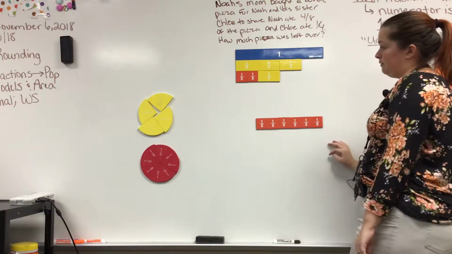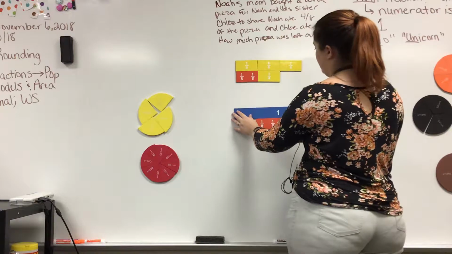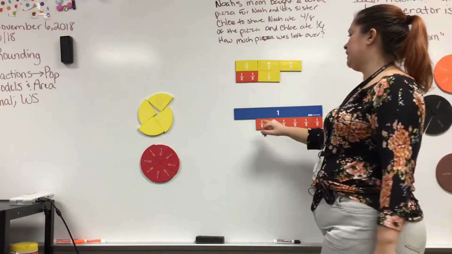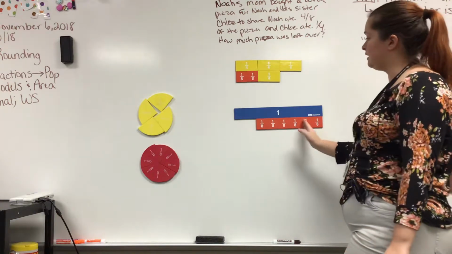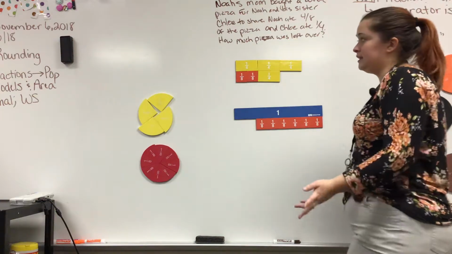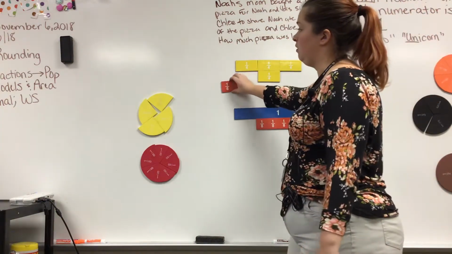So now we need to count those up. Right? I'm going to move this down here so we can get a better representation in comparison to the whole. 1, 2, 3, 4, 5, 6. So in total, they ate 6/8 pieces of pizza. Now to find the remaining, I can continue counting by eighths until I reach 8/8, which is the whole.